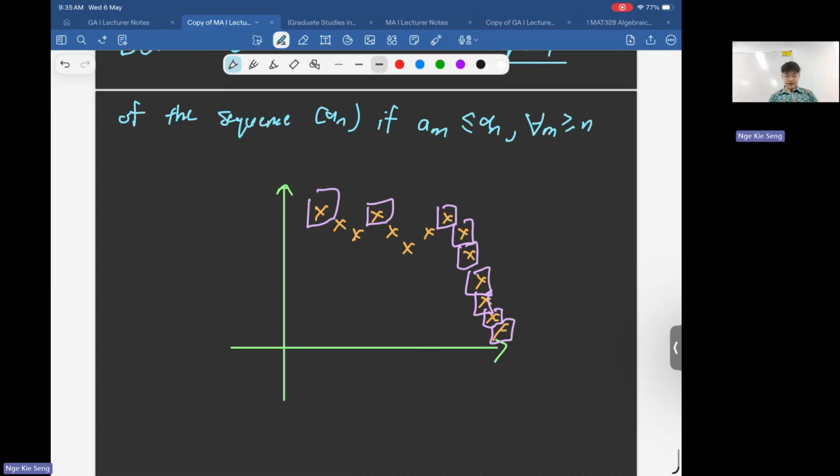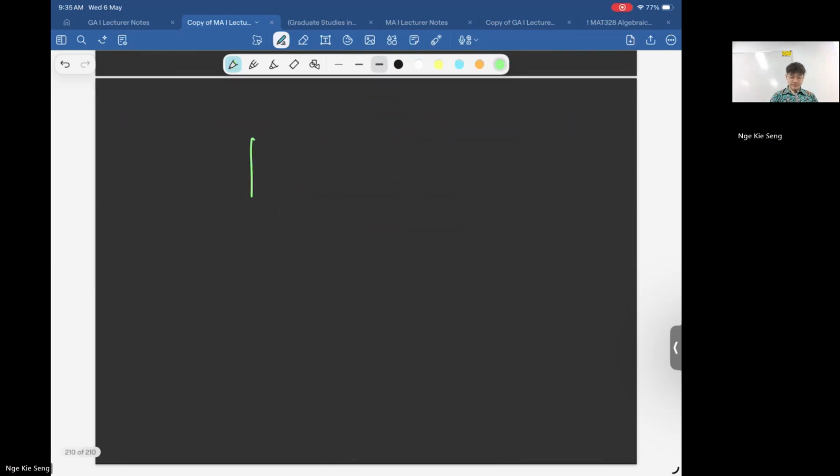One possibility is like, maybe, what could it be? Finitely many. How are you going to draw that?